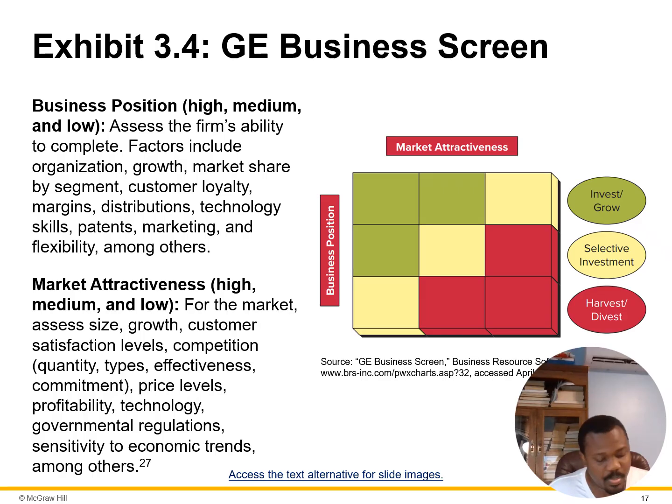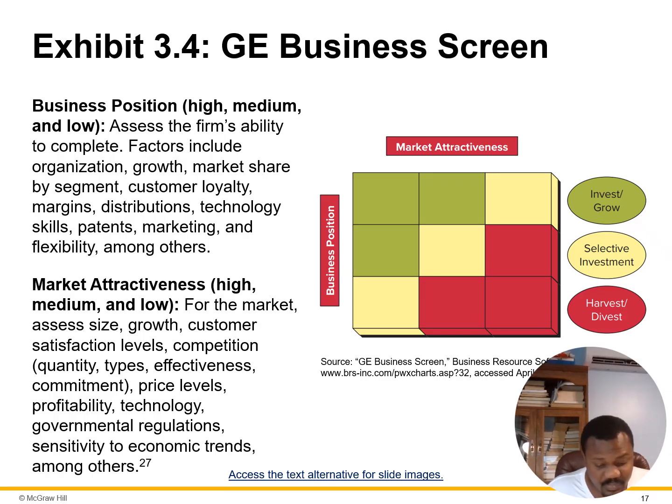For the market, we assess size, growth, customer satisfaction levels, and competition: quantity, types, effectiveness, commitment. We look at price levels, profitability, technology, governmental regulations, and sensitivity to economic trends. These are very important.